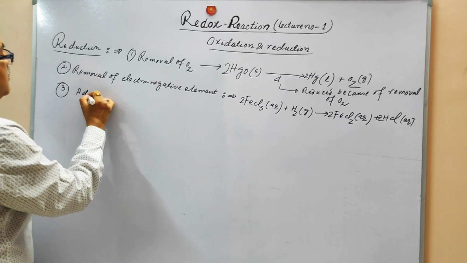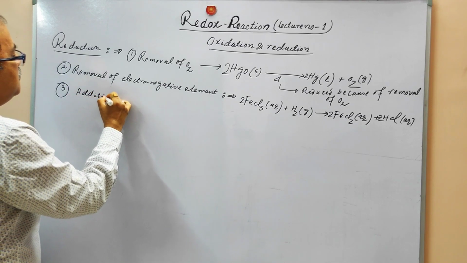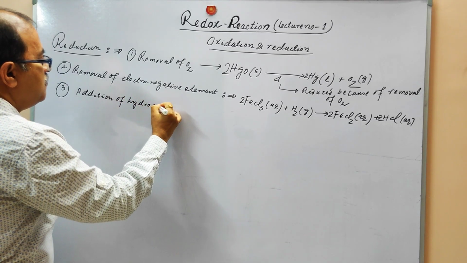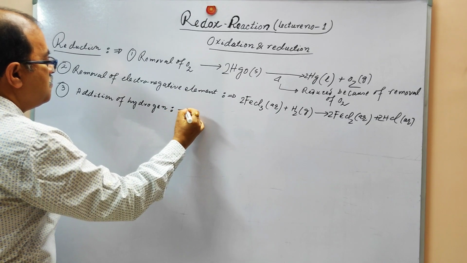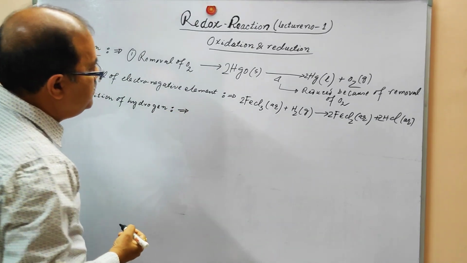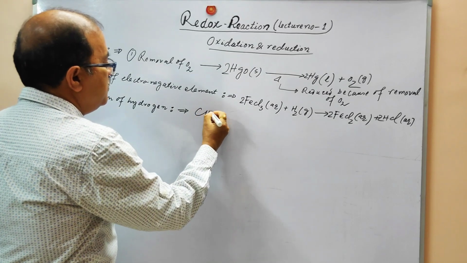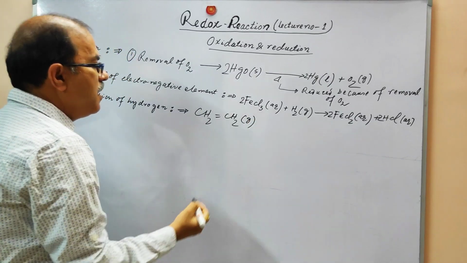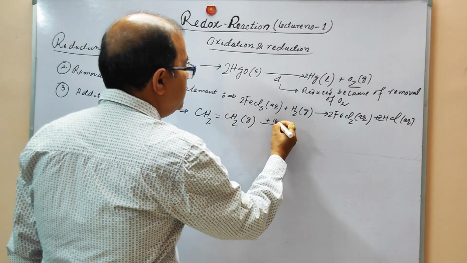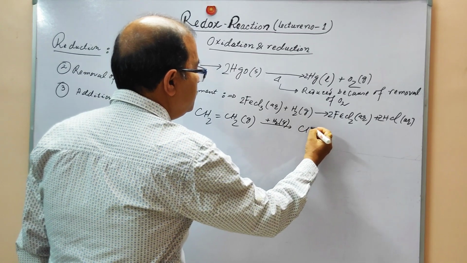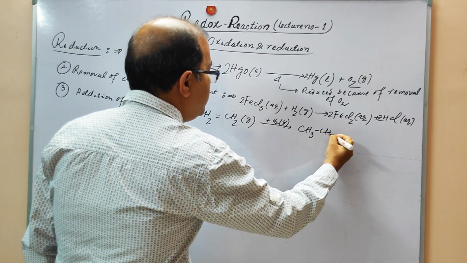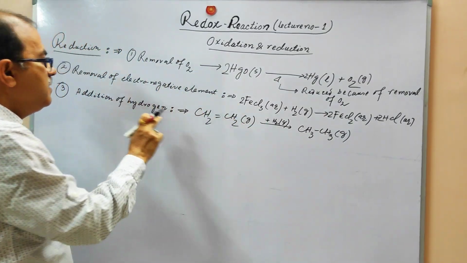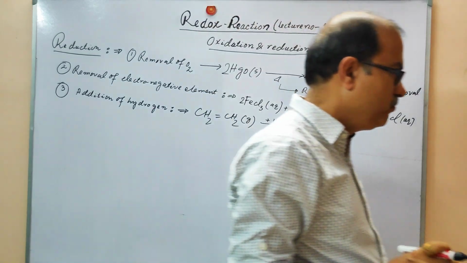Third, the addition of hydrogen. As for example, this is ethene gas, and when it is reacted with hydrogen gas, it will produce ethane gas, C2H6.